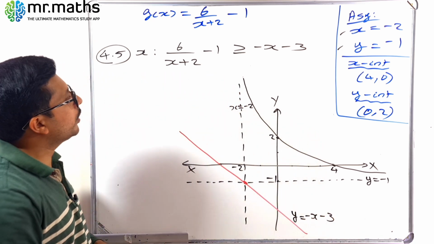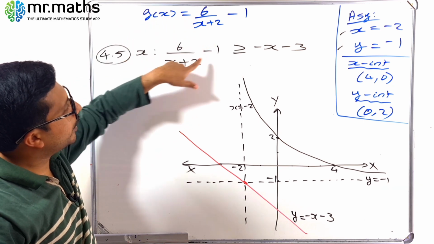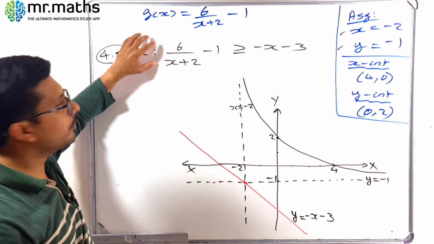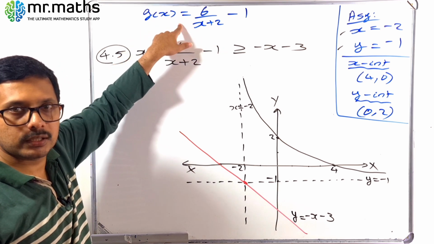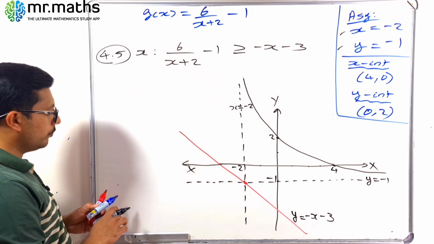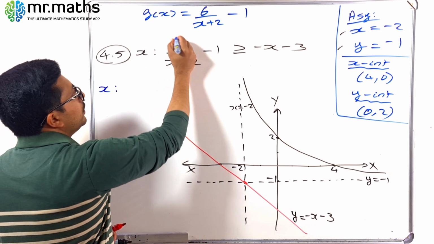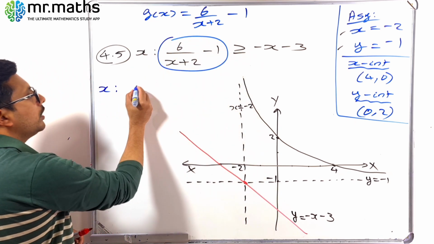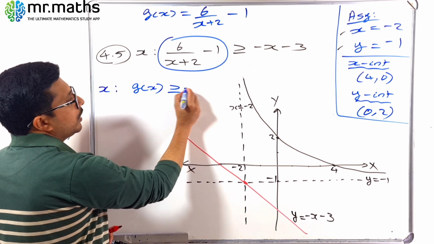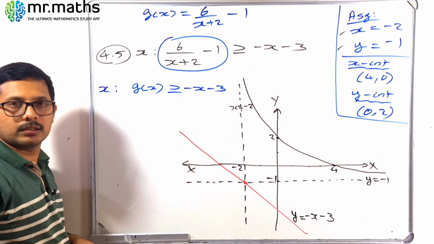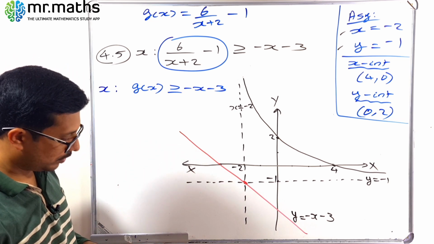Now look at this one. This 6 divided by x plus 2 minus 1, you have to find the values of x where this one, actually that is g of x, am I right? You have to find the values of x where g of x is greater than or equal to minus x minus 3.